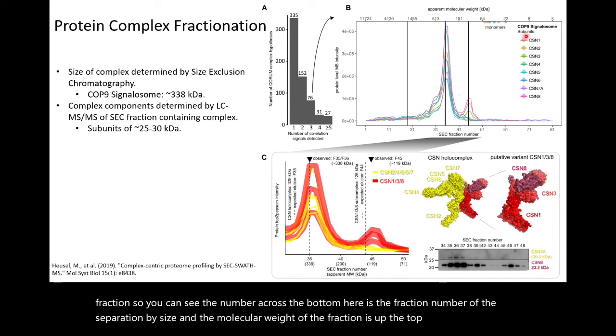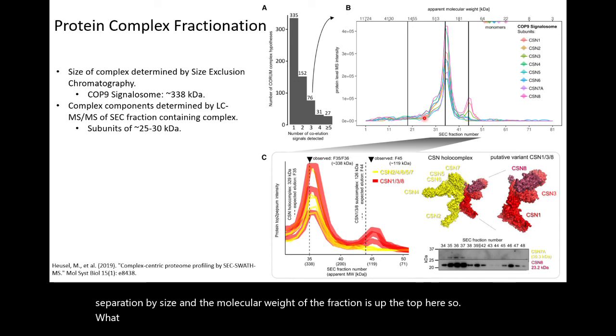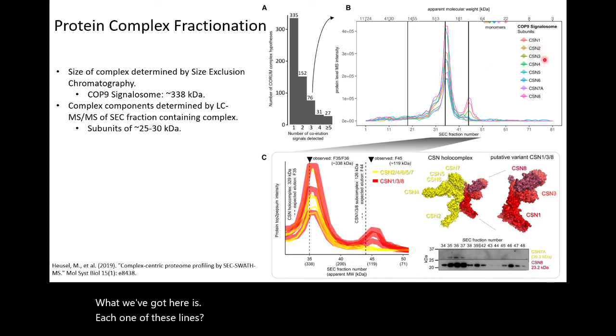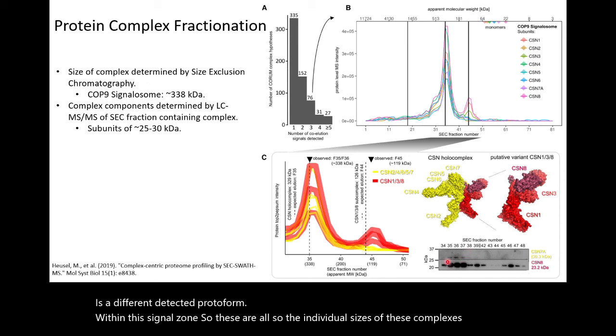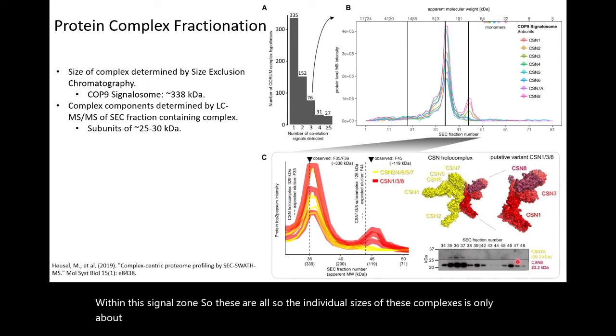Each one of these lines is a different detected proteoform within this signal zone. The individual sizes of these are only about 20 to 25 kilodaltons as shown down here, but this particular complex is eluting out of the size exclusion column at 338 kilodaltons.